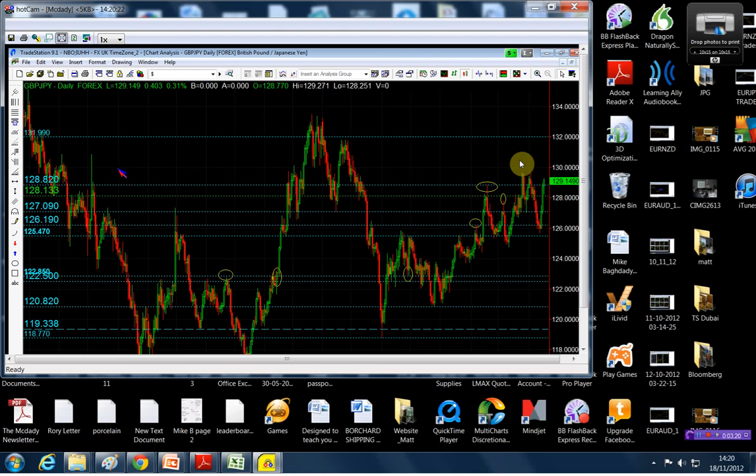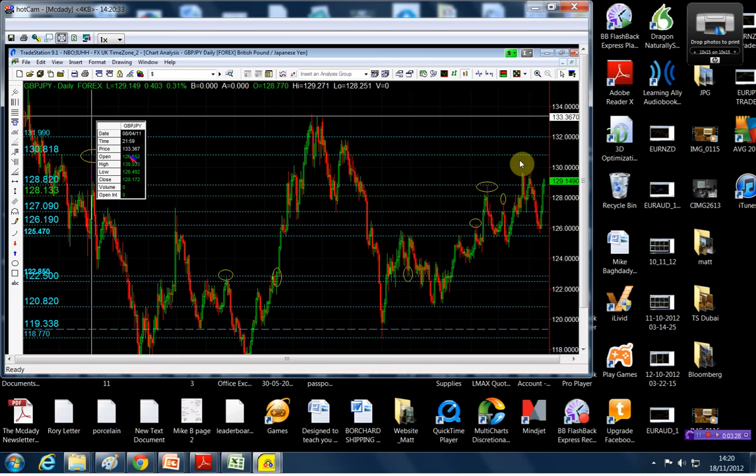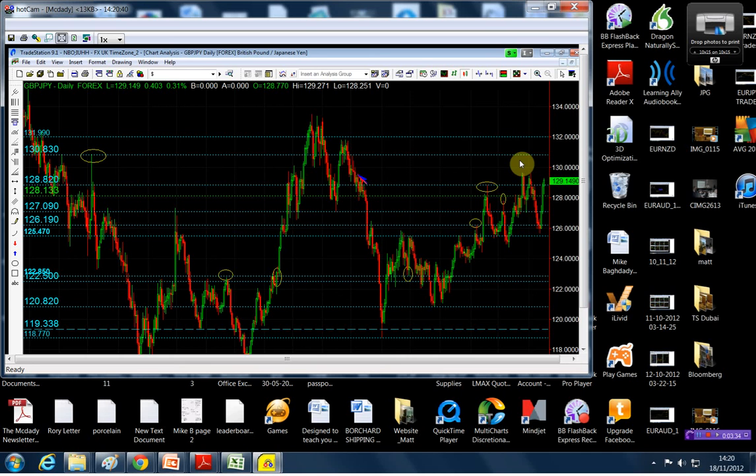It's a significant point because it's so obvious, which is the 130.83. So that's a good potential target if you want to use that as a target, Steve.